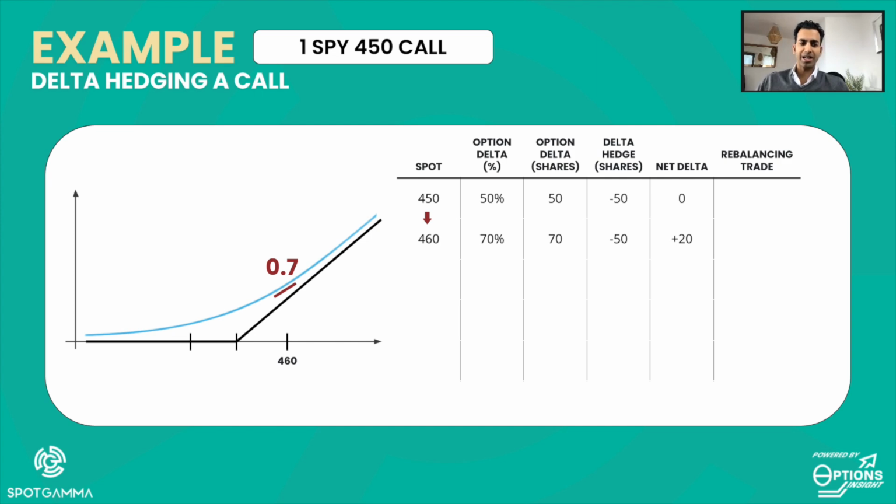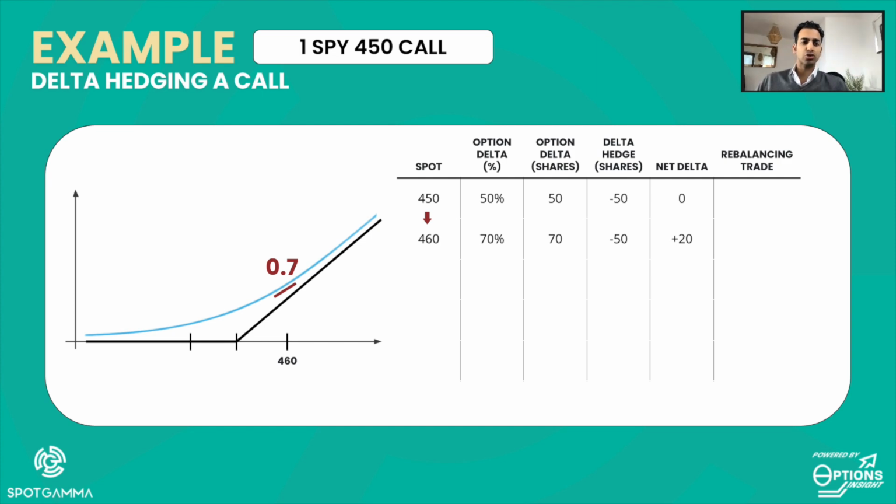At this higher level of SPY, our position has changed. Our net delta has increased from 0 to 20 shares long. To remain delta neutral, to be hedged, we need to execute a rebalancing trade.